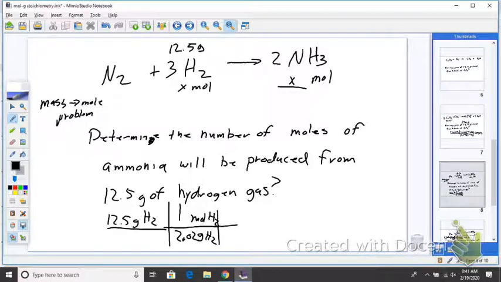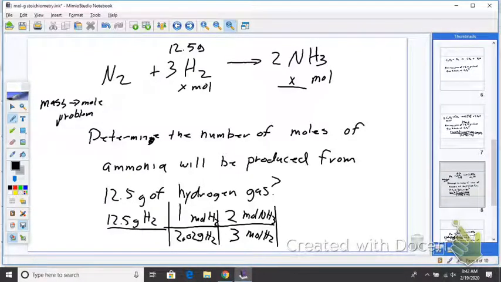So my next calculation is to go moles of H2 to what? Moles of NH3. And so it's backwards of the one we just did. So what numbers go in there? 3 moles of H2 to 2 of that. And that's it. So it's backwards of the one we just did.